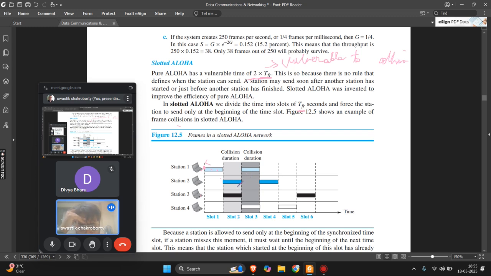Here also we can have collision, because all packets are allowed to send at the start of the time slot.